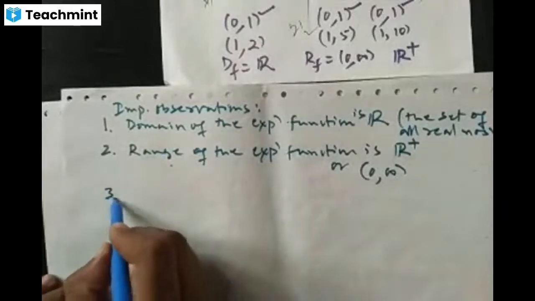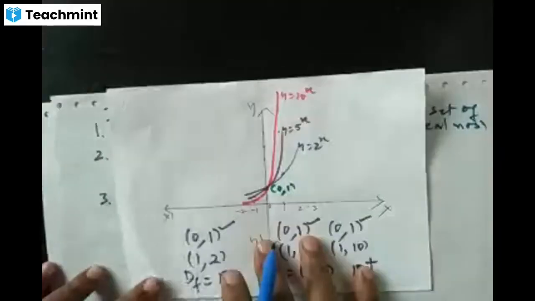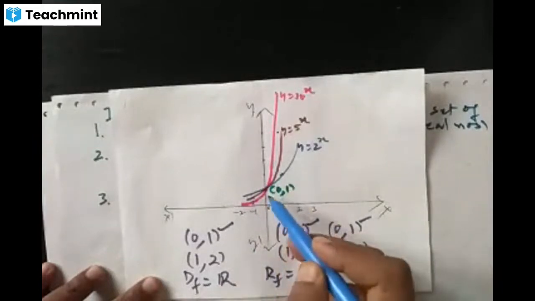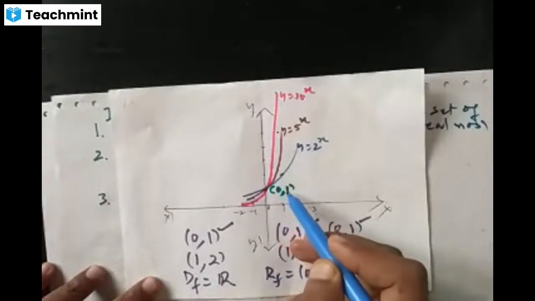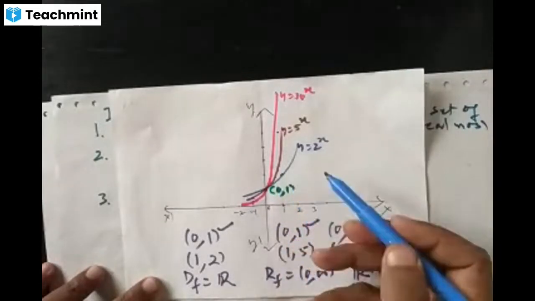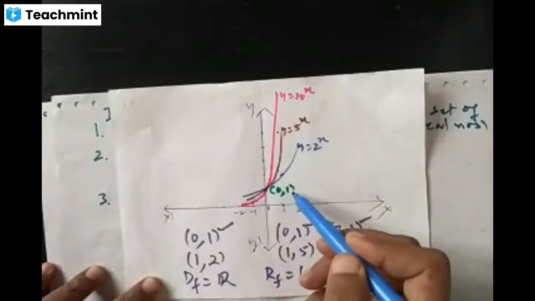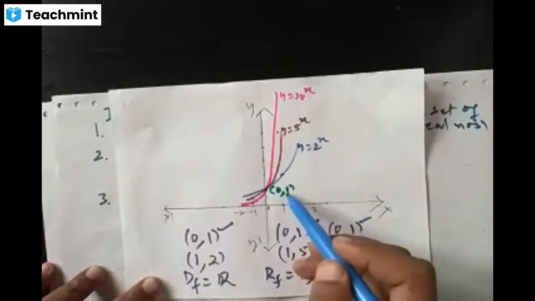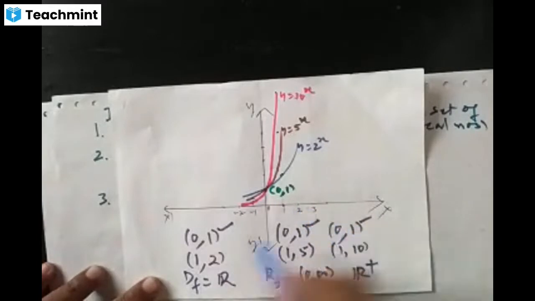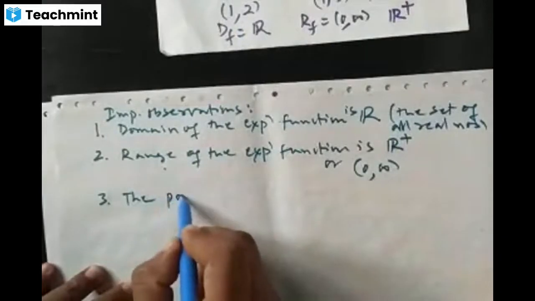Next, observation number 3. The point you just observe here, all the three curves pass through the point 0, 1, right? In other words, the graph of the exponential function always passes through the point 0, 1, or the point 0, 1 always lies on the graph of the exponential function.